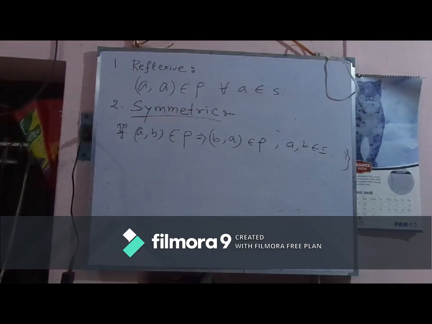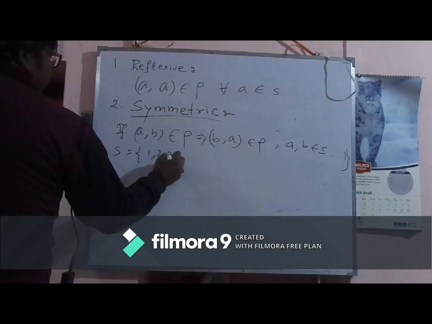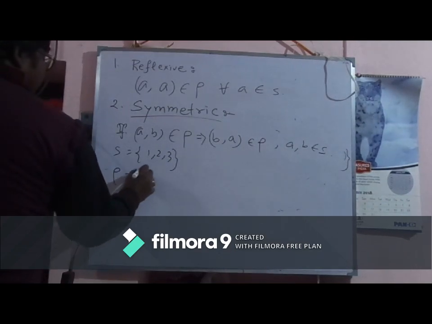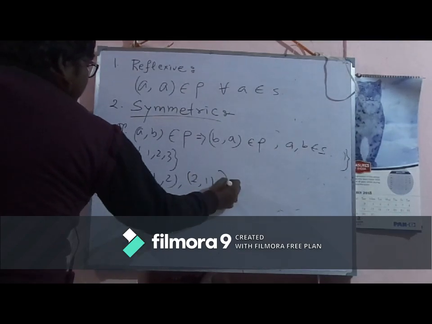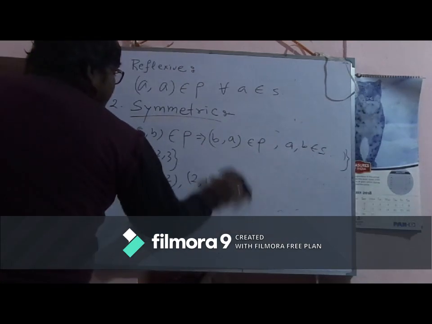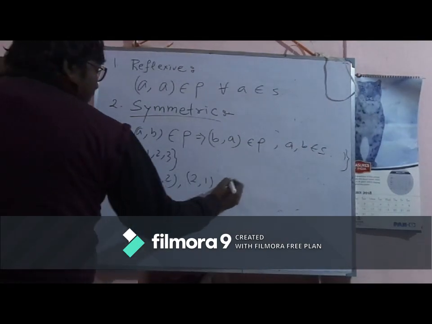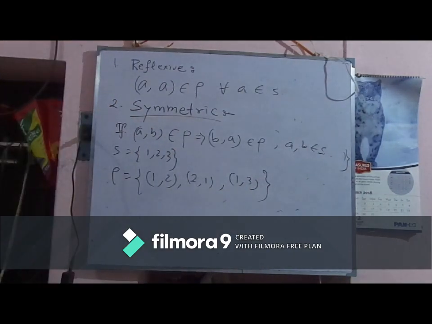For example, in the previous example, if we take A equal to {1, 2, 3} and rho equal to {(1,2), (2,1)}, this is a symmetric relation because (1,2) belongs to rho and (2,1) belongs to rho. But if we take the relation as {(1,2), (2,1), (1,3)}, then this is not a symmetric relation.